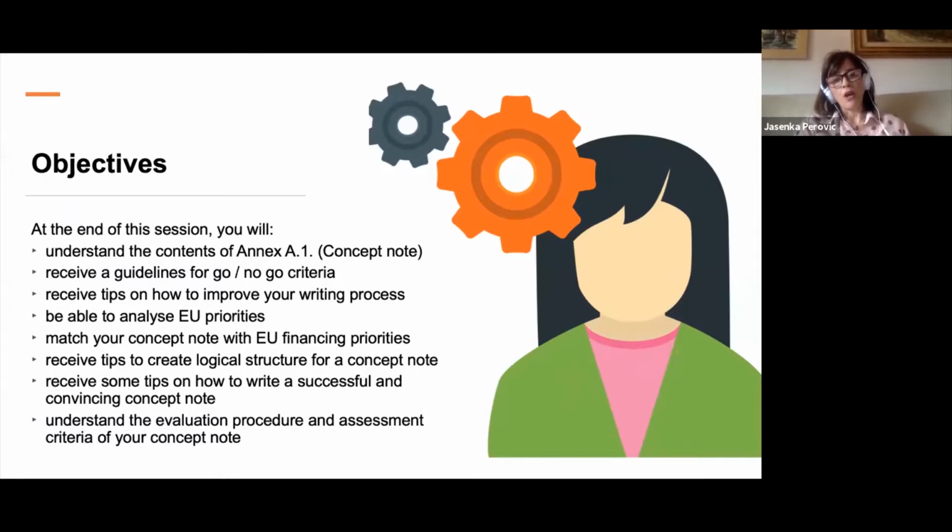You will receive tips on how to improve your writing processes, be able to analyze EU priorities, and match your concept note with the EU financing priorities. You will receive tips on how to create a logical structure of your concept note and the future intervention and project proposal, receive some tips on how to write a successful and convincing concept note, and understand the evaluation procedure and assessment criteria of your concept note.